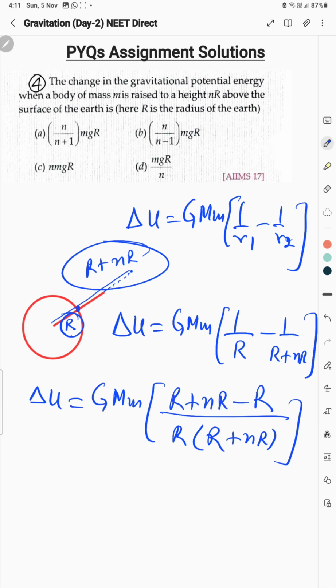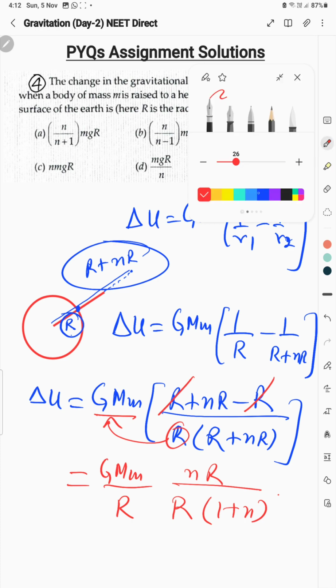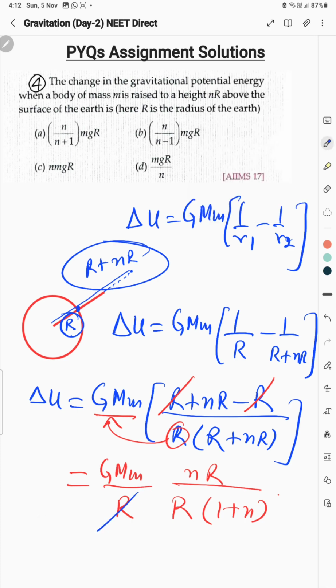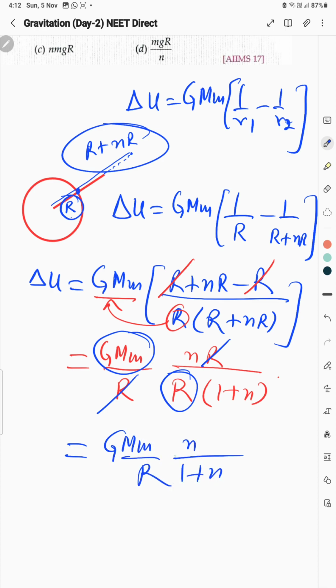As you can see, these two get cancelled away. In the numerator is nR, in the denominator you have R, take it common, 1 plus n, right? Then simplify this entire equation. This now becomes GMm by R times n upon 1 plus n.